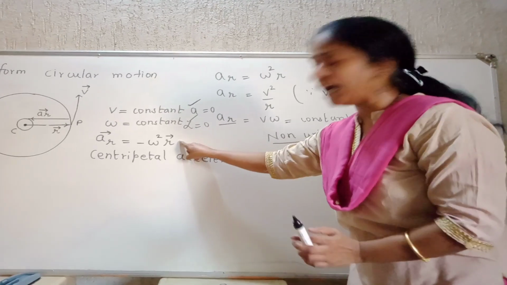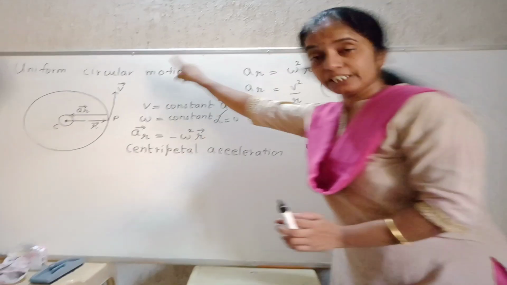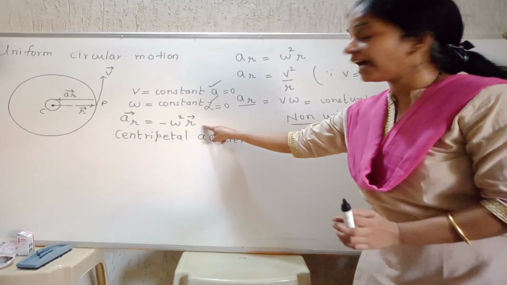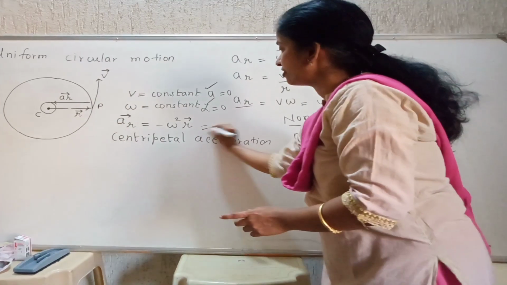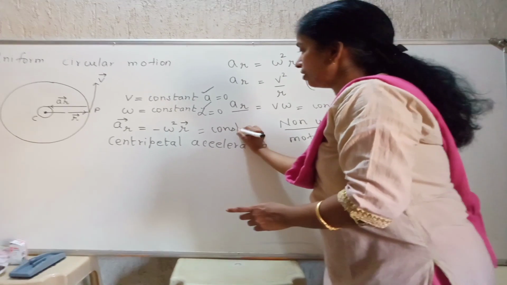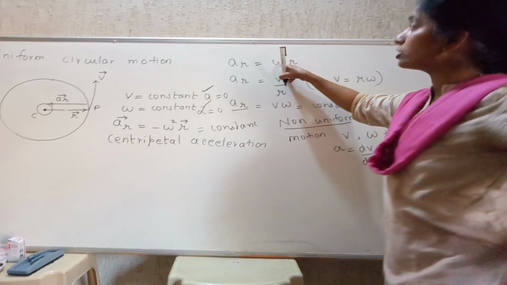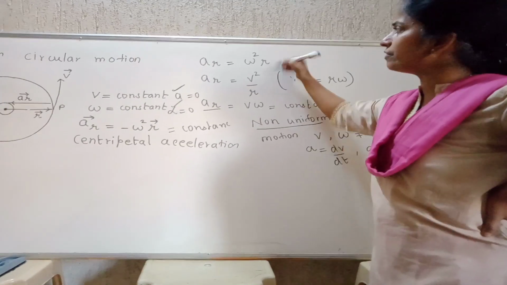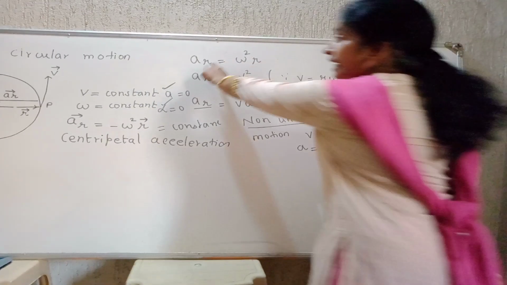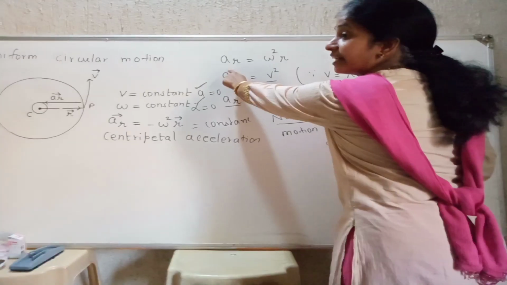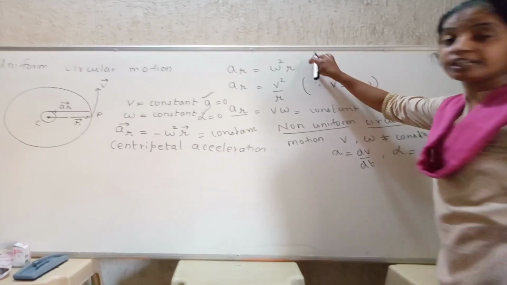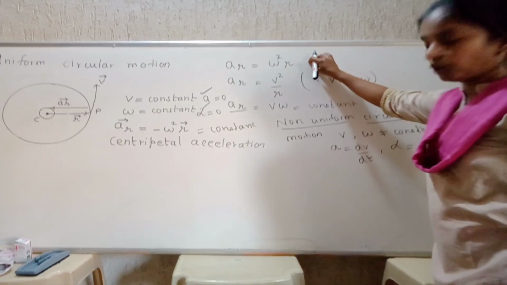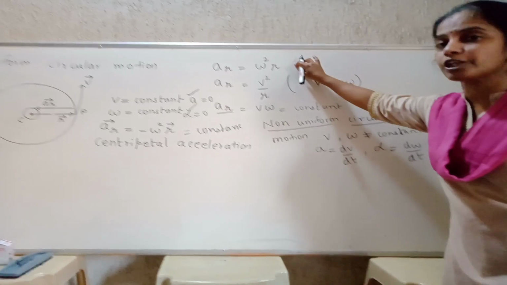Clear? But in uniform circular motion, AR is constant. Why constant? Because omega is constant, V is constant, and R is always constant. Therefore, radial or centripetal acceleration is constant in UCM, uniform circular motion.